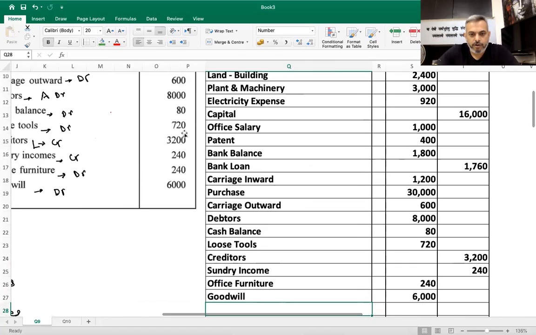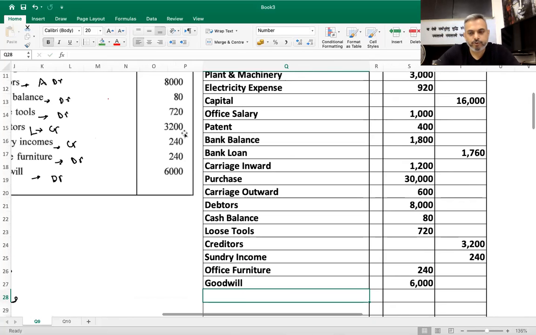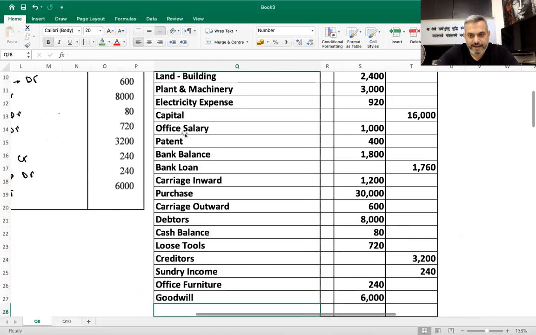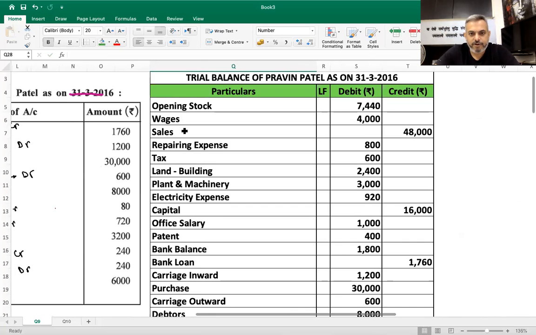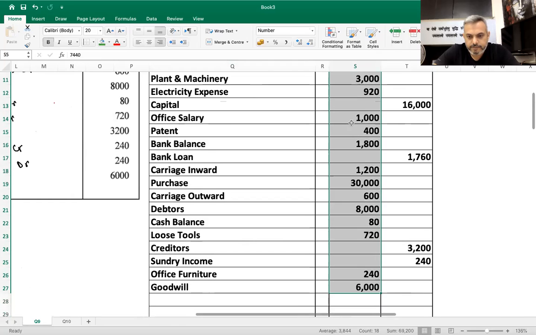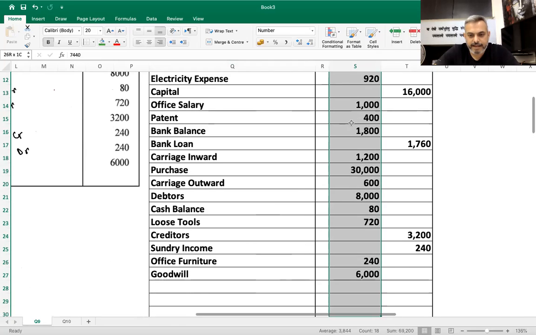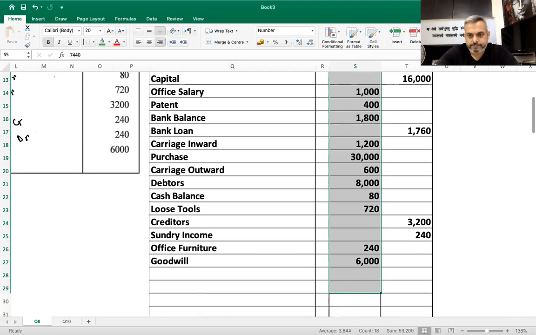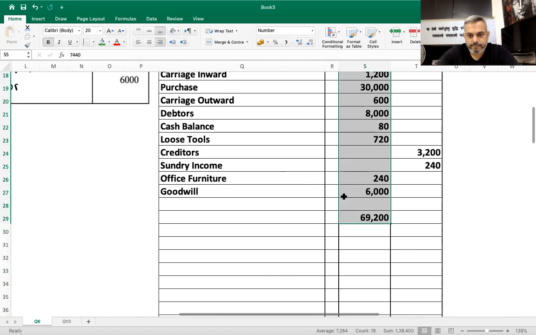So if all is done, now you have to do the total of debit side and credit side and you have to see whether it is matching or not. Trial balance is tallying or not. I'll use Excel formula. 69,200 and 69,200.